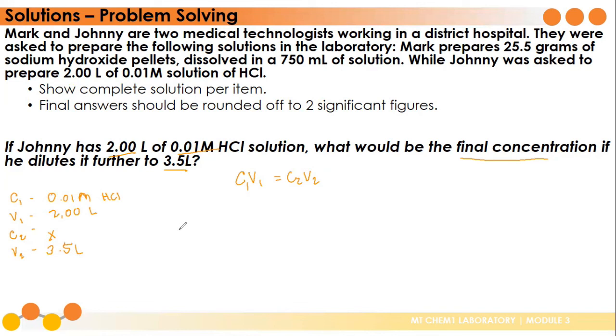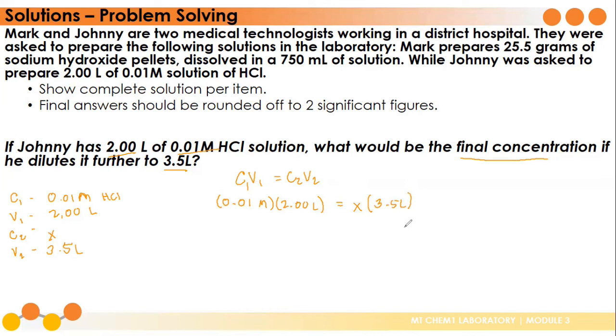Then all you need to do is substitute the given to our formula. So we have the concentration 1, which is 0.01 M, multiplied by our volume, which is 2 liters. This is equal to our missing, which is X, multiplied by 3.5 liters.